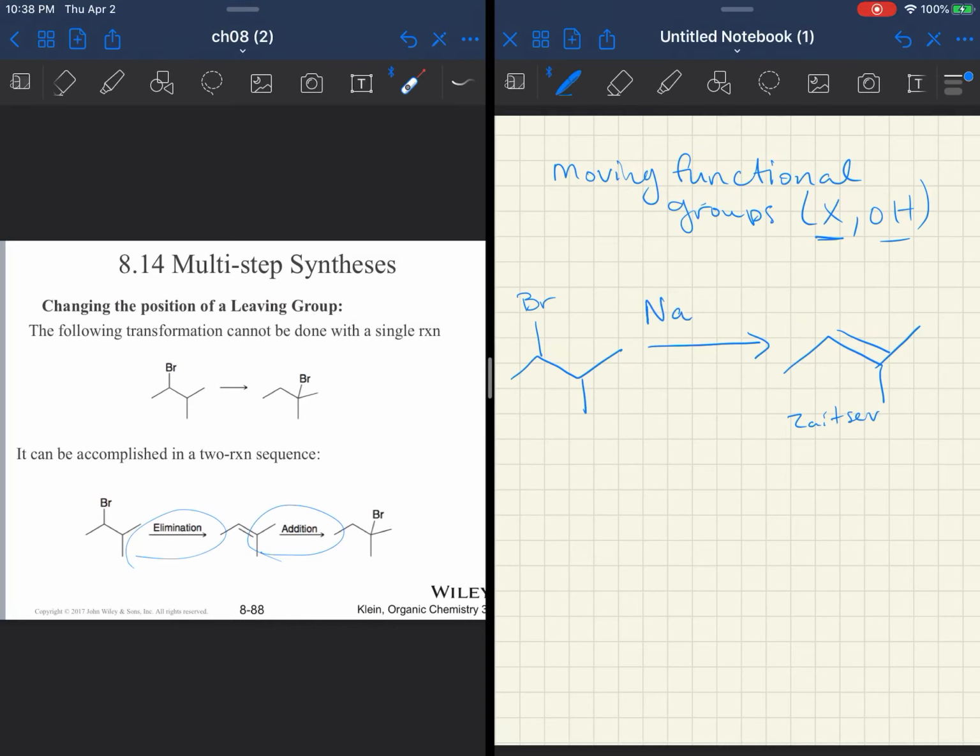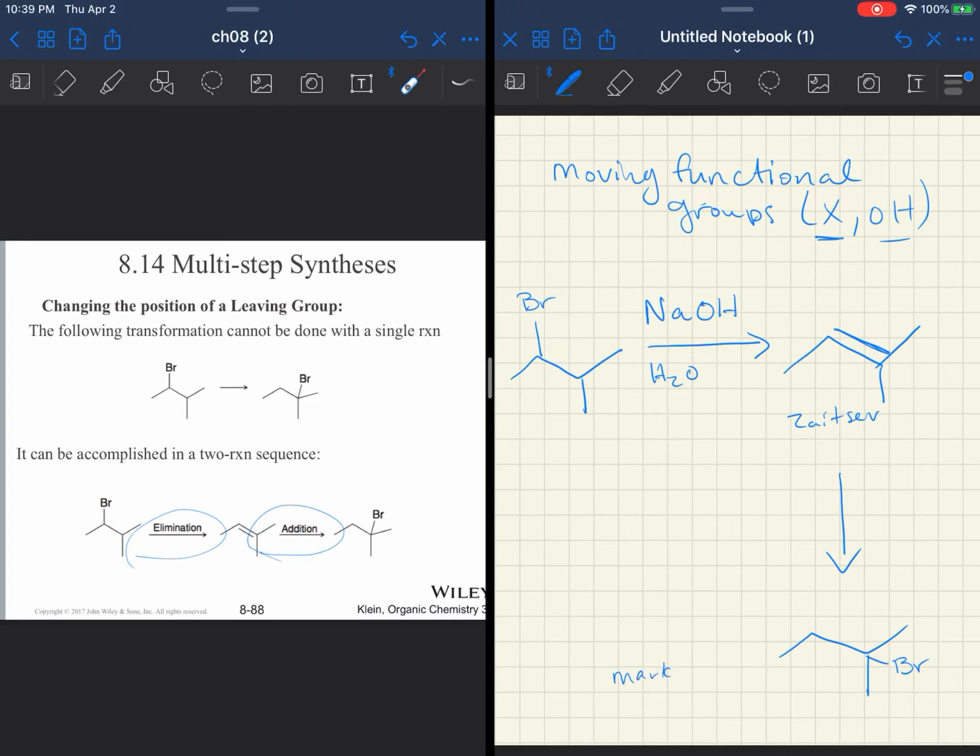So it's important that I recognize that this is a Zaitsev product. How am I going to eliminate to get a Zaitsev product? I'm going to use a strong, non-bulky base. To make sure I get elimination, I'm going to go ahead and use a protic solvent. That is going to give me my Zaitsev alkene.